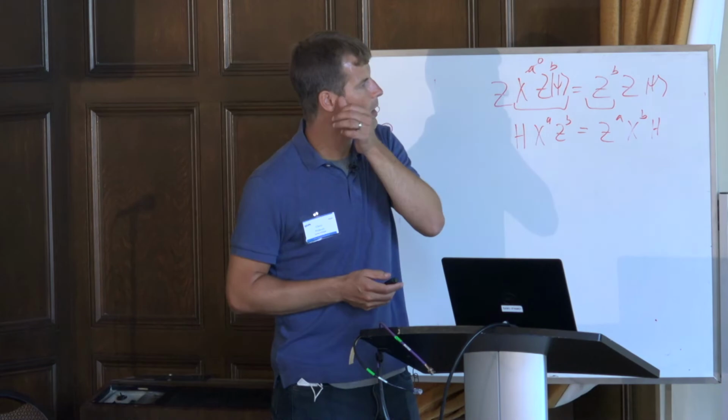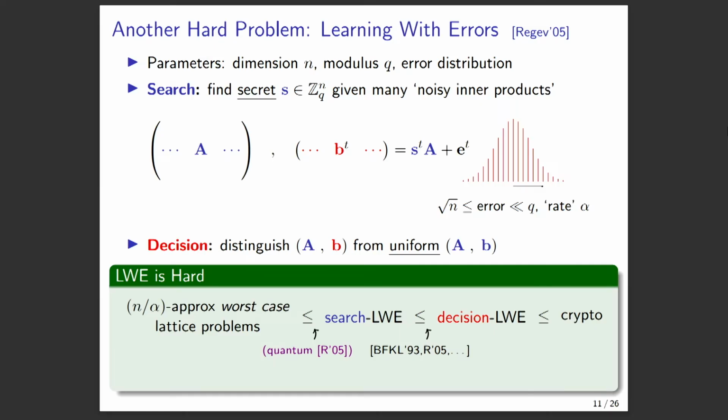Okay, so LWE's hardness. We're going to base a lot of crypto on the assumption that decision is hard. But in fact, if decision is hard, we can prove search is hard. Okay, so even though the two tasks here are quite different, if you can solve decision, you can solve search via reduction.